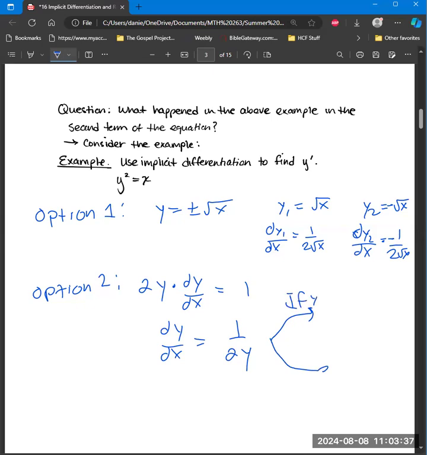If y equals square root of x, we get dy dx is equal to 1 over 2 root x. If y equals negative root x, we get dy dx equals negative 1 over 2 root x, which are the same answers.